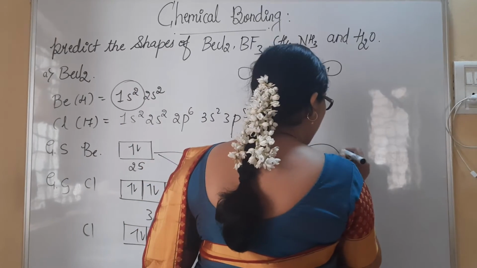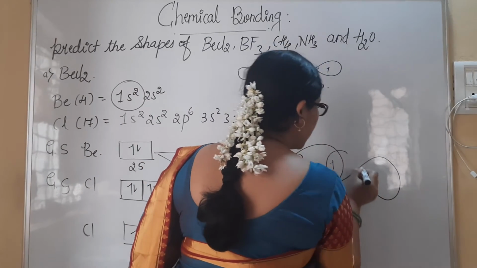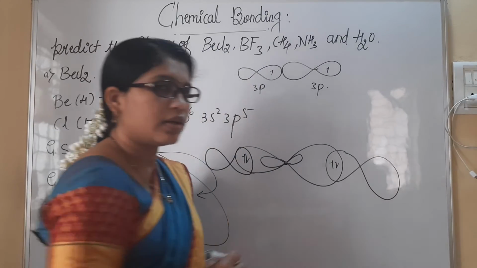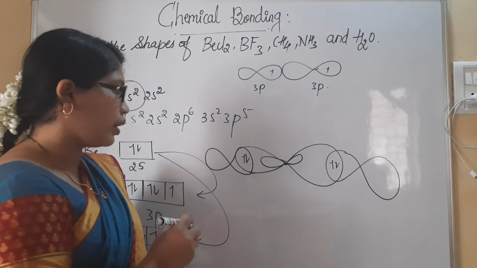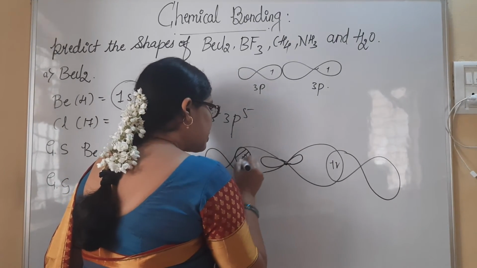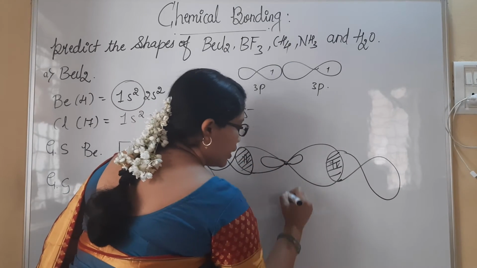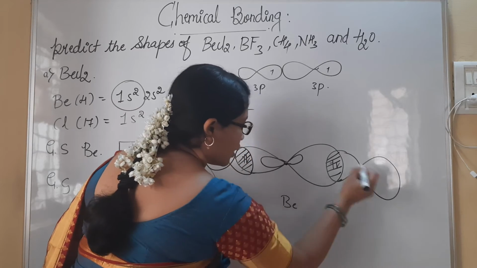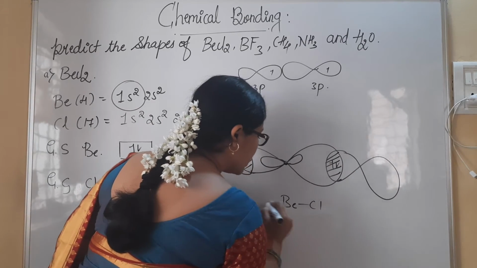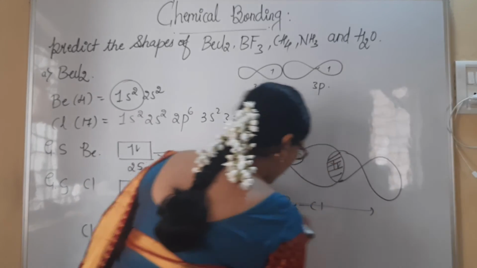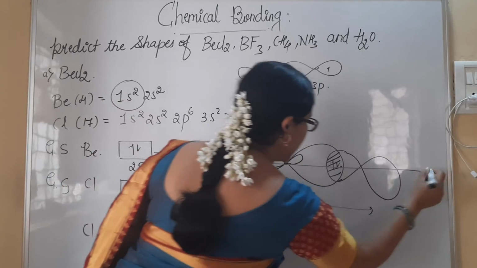Similarly, the other p orbital will get combined here and again bond formation takes place. Now, this darker place indicates the bond. So at the center we have Be and on the opposite sides we have Cl and Cl. Exactly, it is showing us a linear geometry.